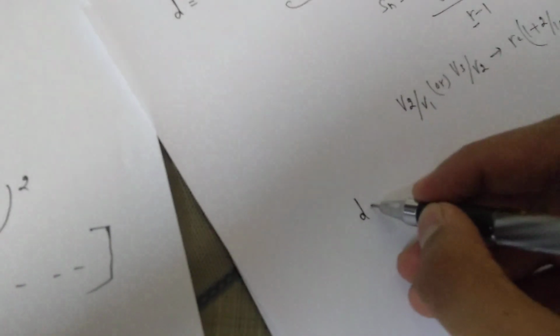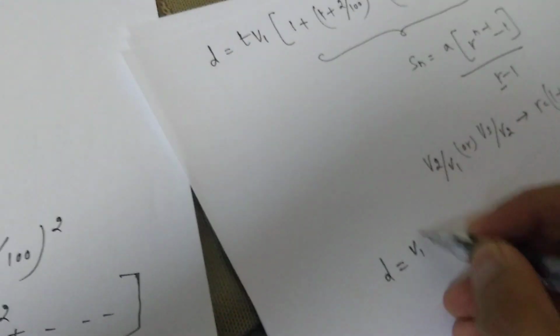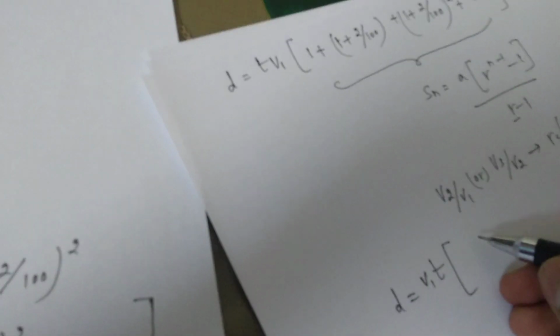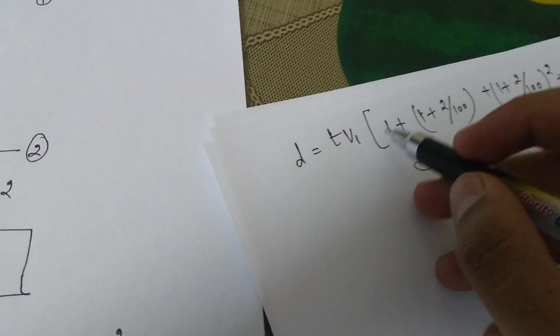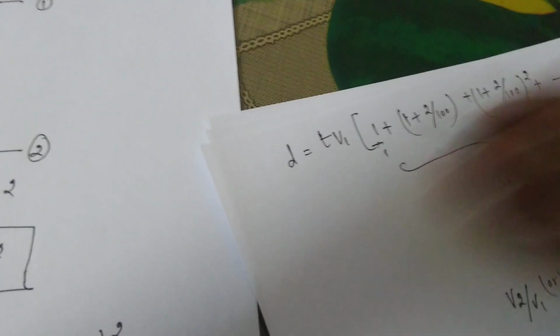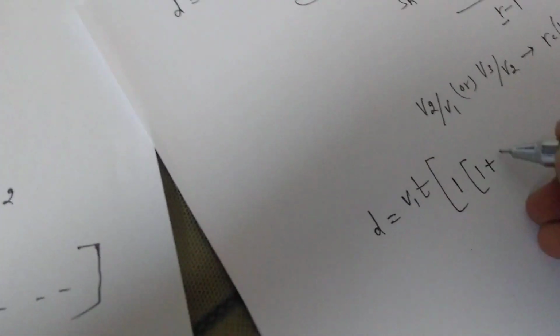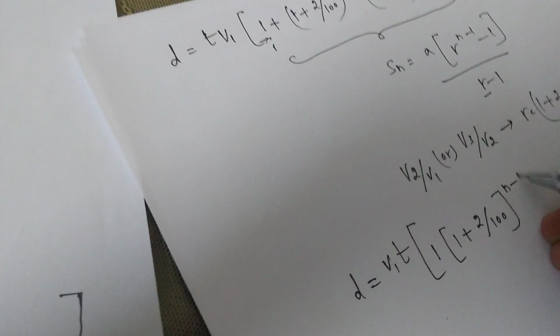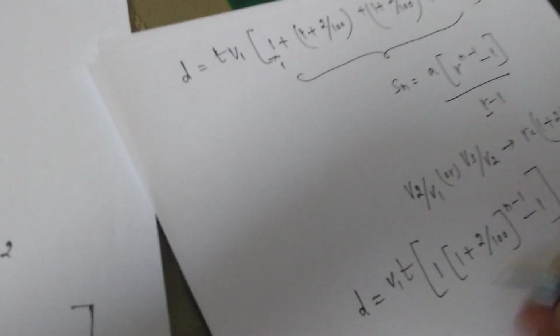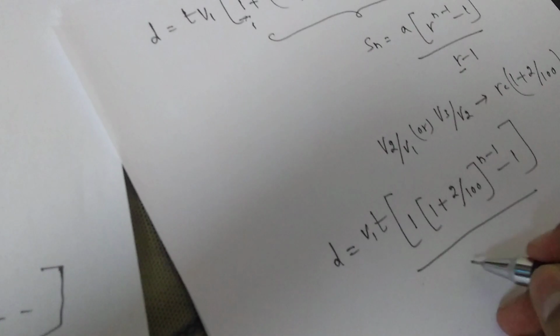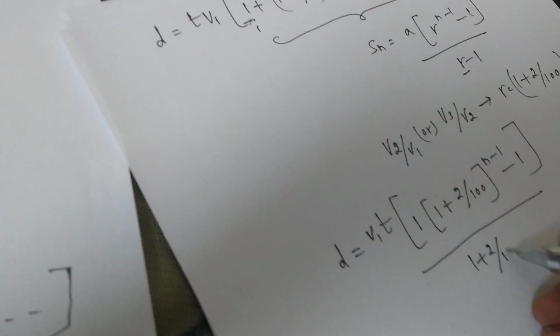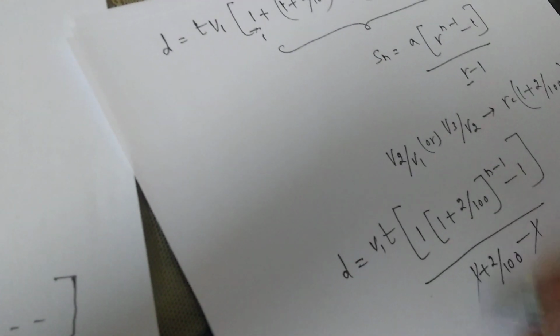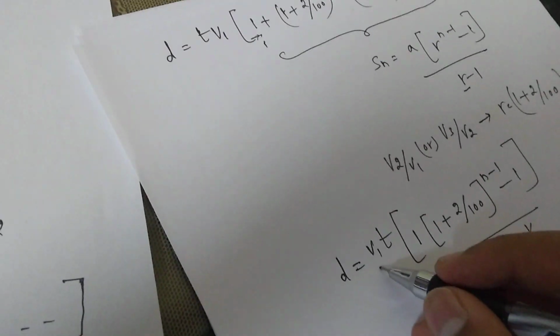So D equals V1 into T into the sum. What is the first term here? That is 1. So 1 into ((1 plus 2 over 100) to the power of n minus 1) divided by (r minus 1), where r minus 1 is 1 plus 2 over 100 minus 1. These are going to cancel. For V1 and T, we have these values.